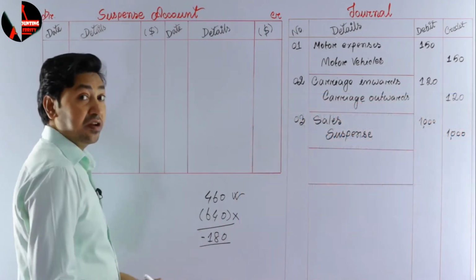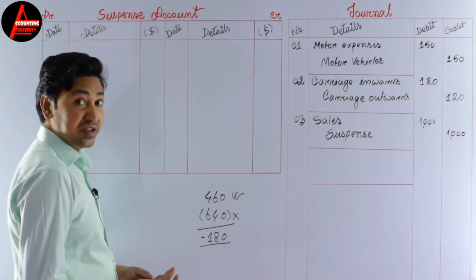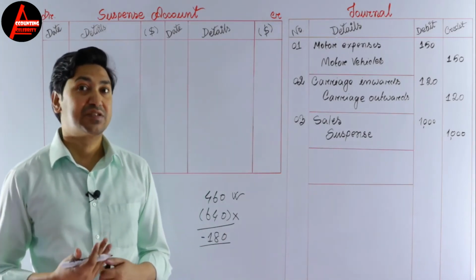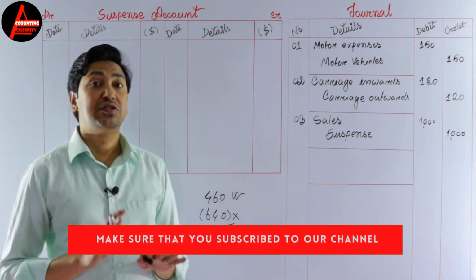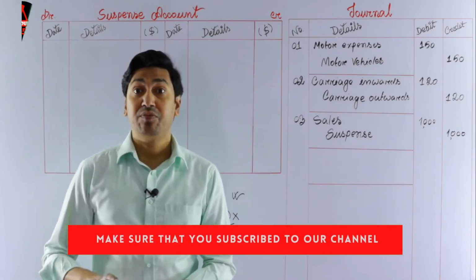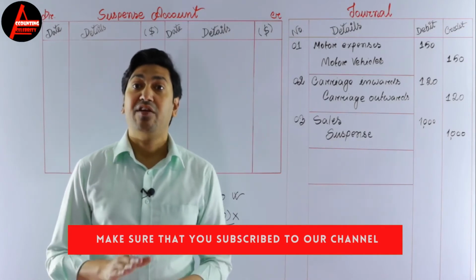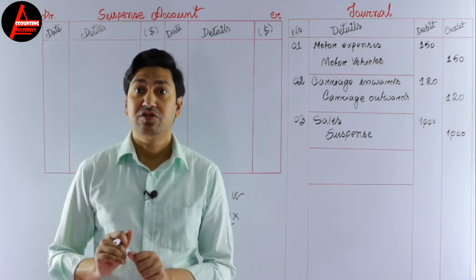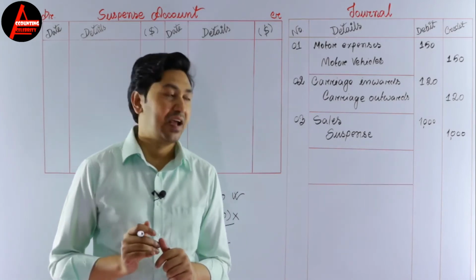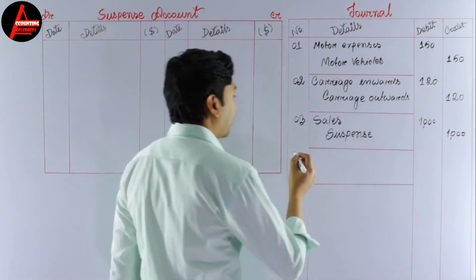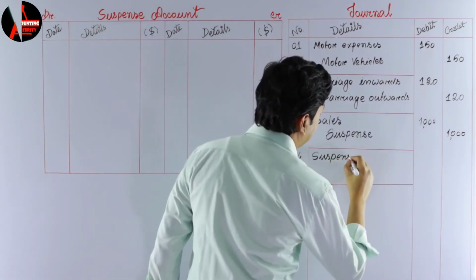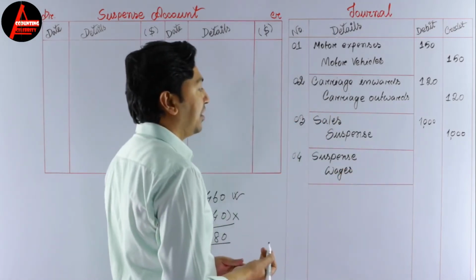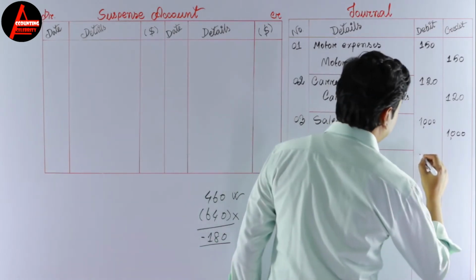So this $180 was written more with the wages. Now we have to decrease the wages. What is wages? It is an expense. As you already know, to decrease an expense it will be credited. So wages will be credited. Now what to debit? We have to debit the suspense account. So let us write here number 4, suspense account to be debited and wages account to be credited. The amount is $180.